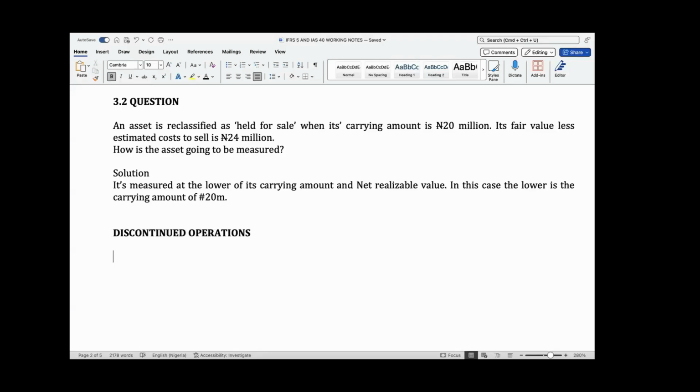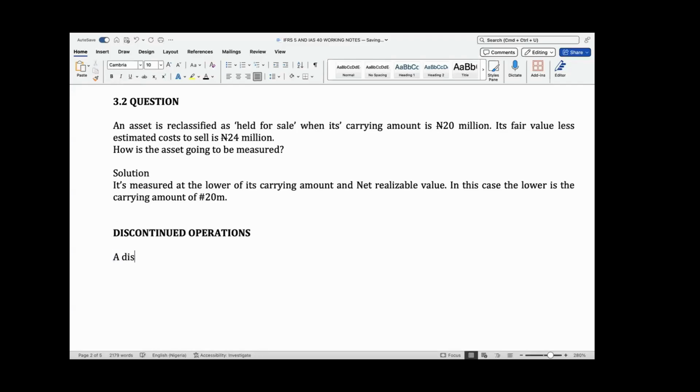For those of you I taught operating segments yesterday, it is like an operating segment. And for those of you I started teaching group accounts yesterday, a discontinued operation can be a subsidiary. So that should open your mind to discontinued operation being a company on its own or a branch of that company, but related to this reporting entity in question. That's a discontinued operation.